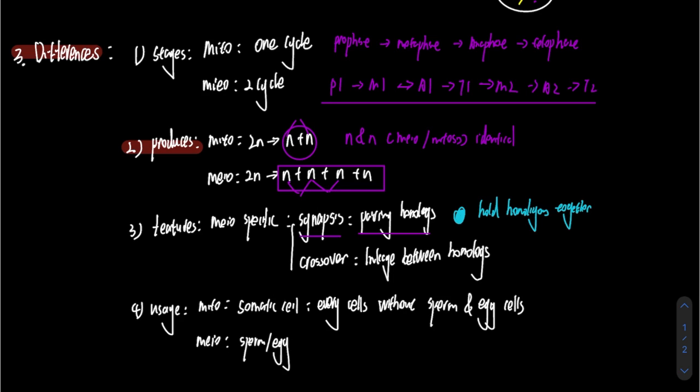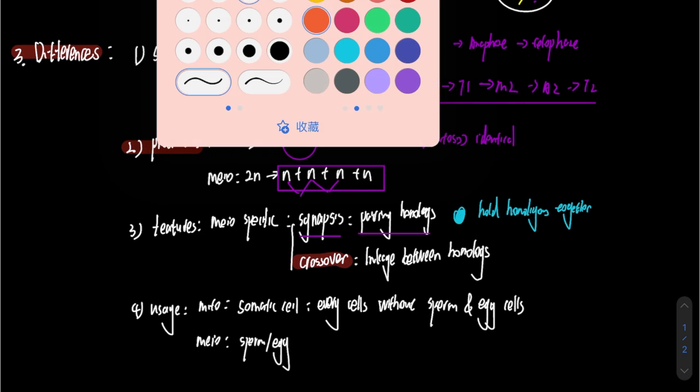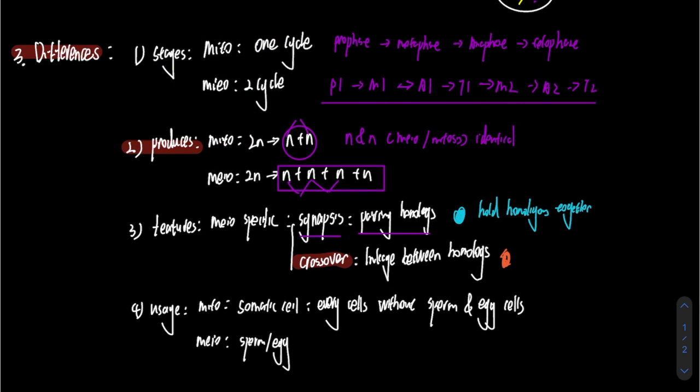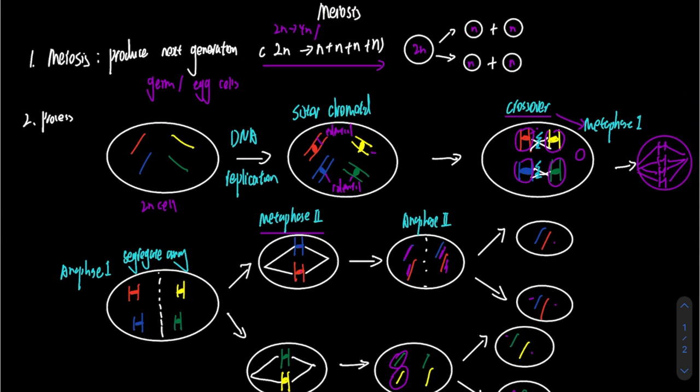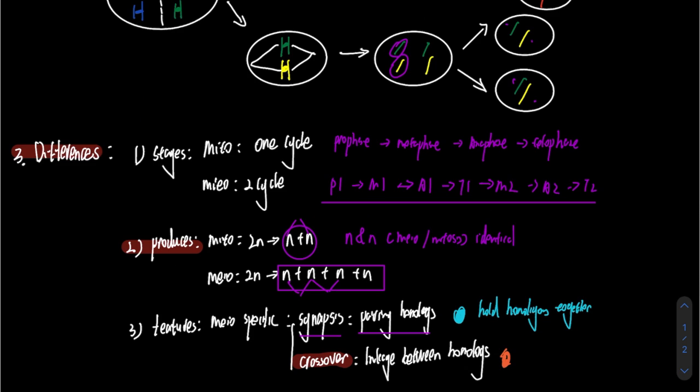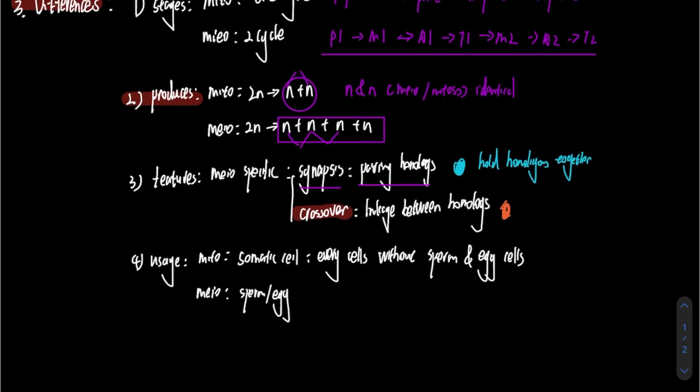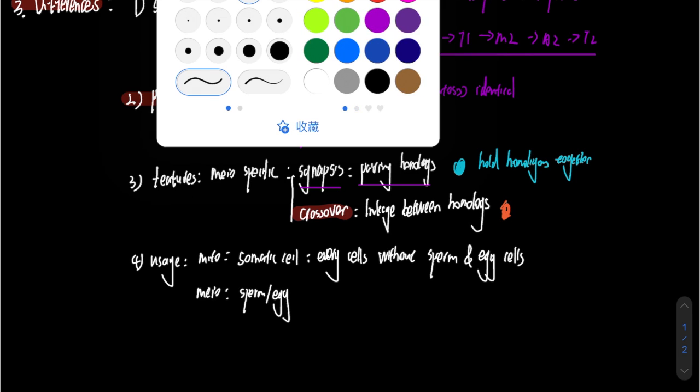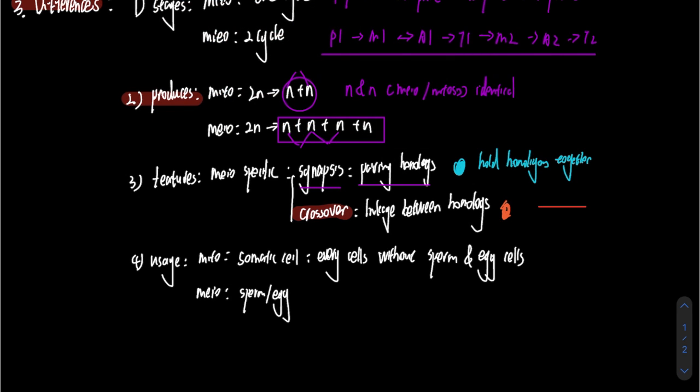And the second thing will be crossover. I'll use maybe the orange color to show crossover. Crossover is basically the exchange of information between different homologous chromosomes. For example, there is a line. I'll use another color. For example, we can use the red and yellow.